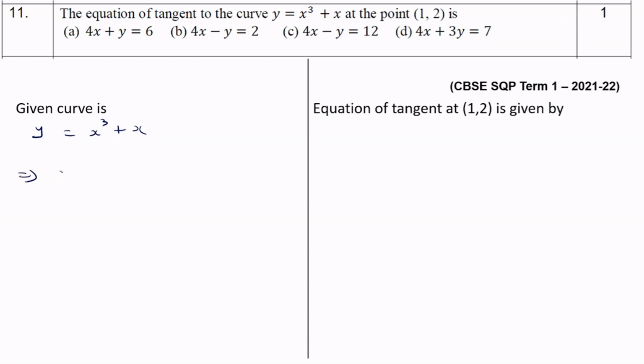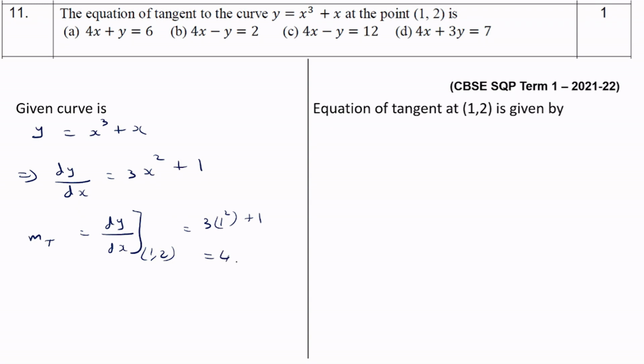If we differentiate with respect to x, we get dy by dx equal to 3x square plus 1. Now the slope of the tangent is given by dy by dx at 1 comma 2. So this is 3 into 1 square plus 1, which is 4. So the slope of the tangent is 4.